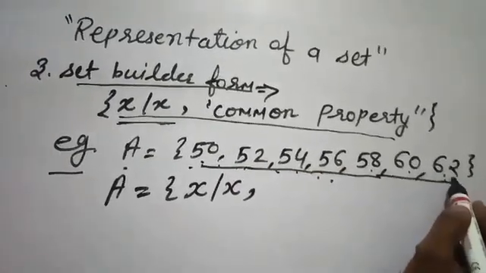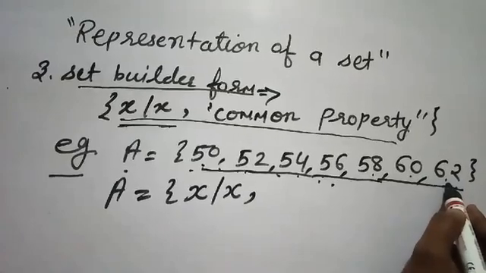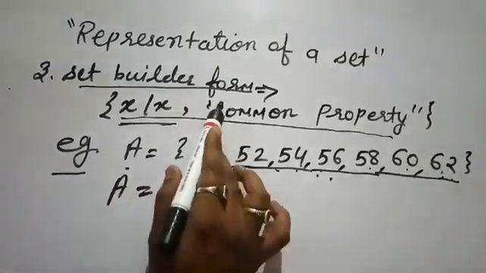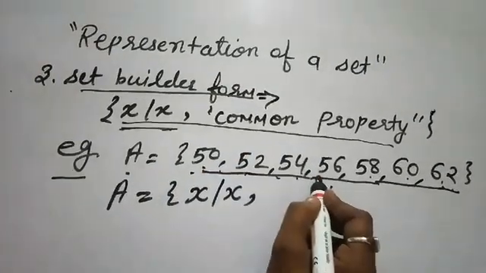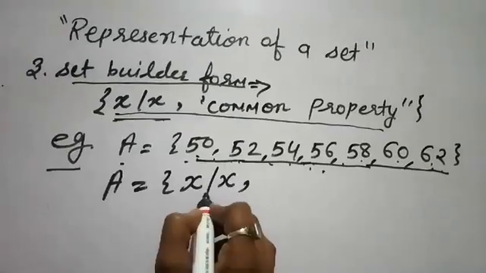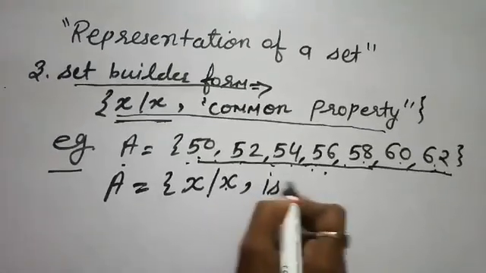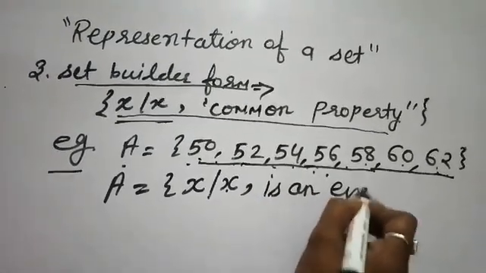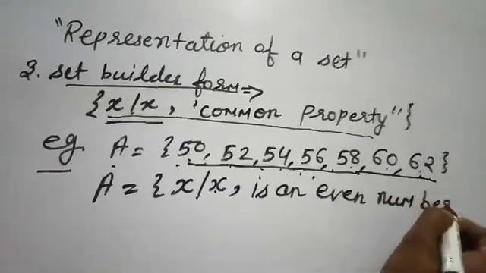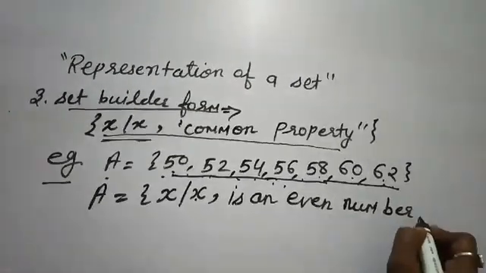And also when we write down the set elements in set builder form, we find out the limitation of the elements. So x such that x is an even number, but here we also mention the limit.